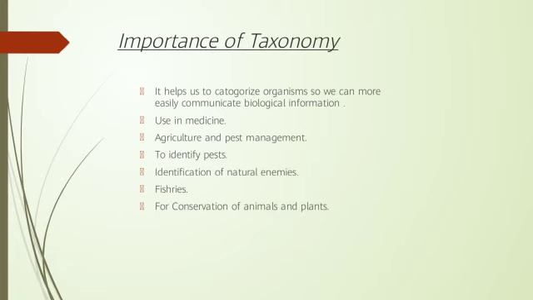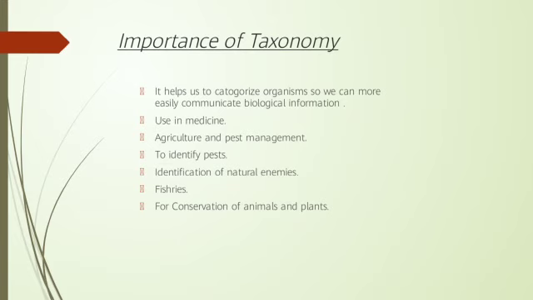Then it is used in pest control and pest management, where it has a major role in the agricultural field. To identify pests, taxonomy is also very useful, as well as for identification of natural enemies, then fisheries, and the main point is for the conservation of animals and plants. So this covers the importance of taxonomy.